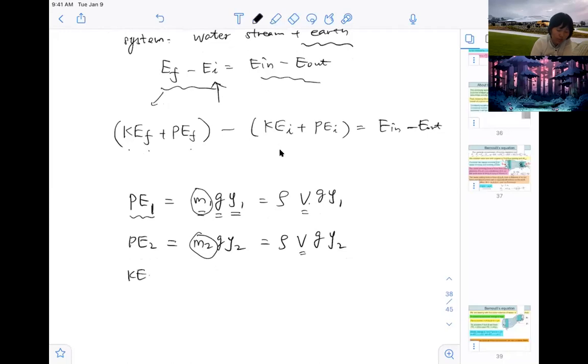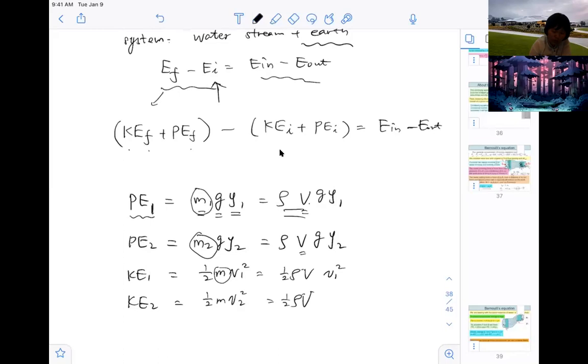We can do kinetic energy at 2 different locations. Kinetic energy at location 1 is 1/2 m v1 squared, and at location 2 is 1/2 m v2 squared. Okay, m is still the same, so 1/2 rho V v1 squared. Here we have 2 different v's.